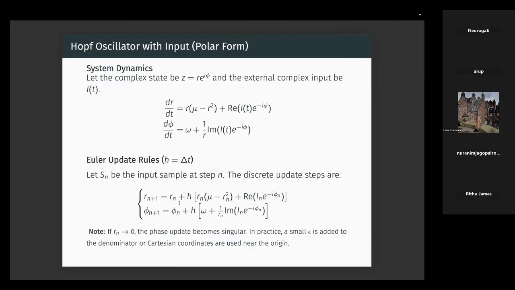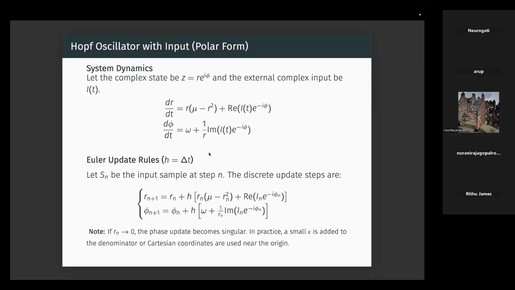So you will get R_1, R_2, R_3, R_4, R_{n+1}, and so on. You'll get a long history over time of what the R value becomes. So this is a time series. This time series is the solution of this differential equation, which is basically the output of the oscillator.